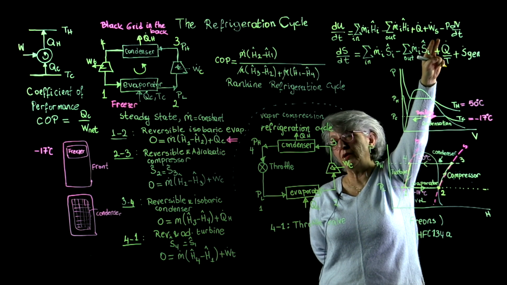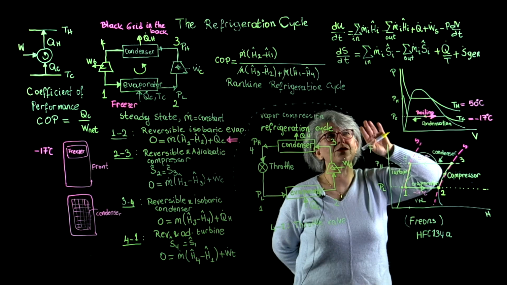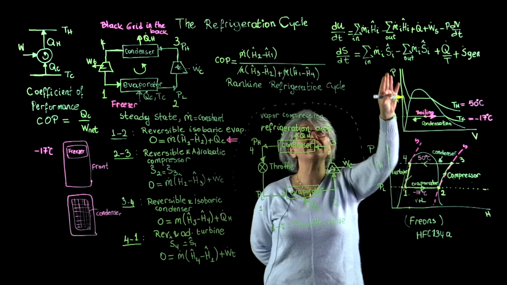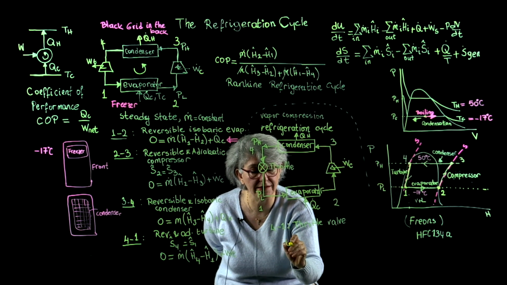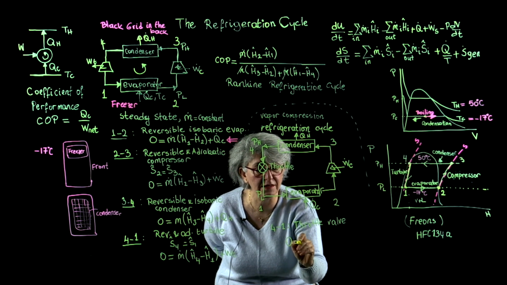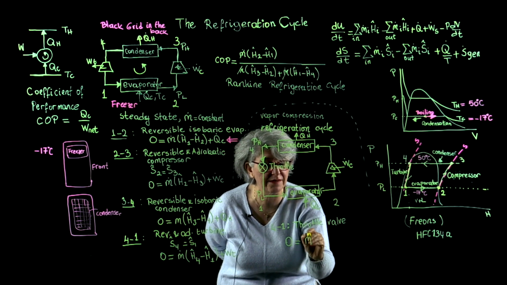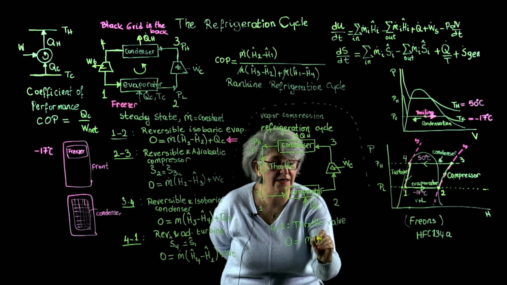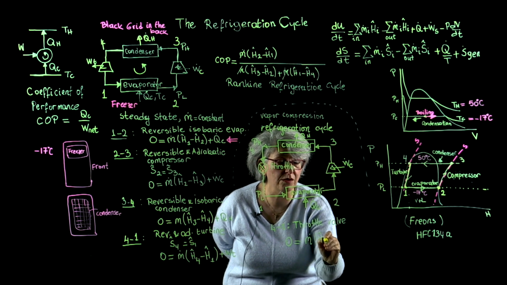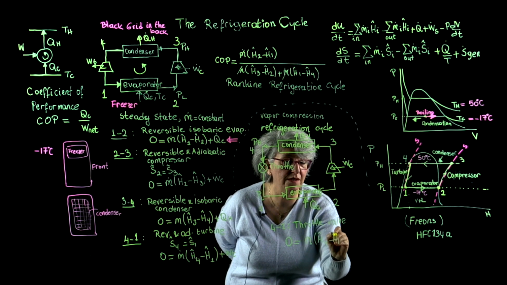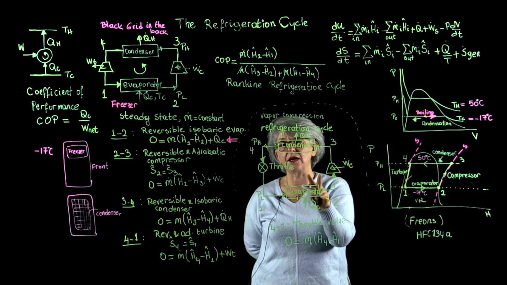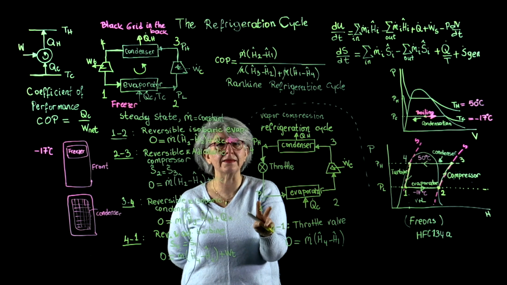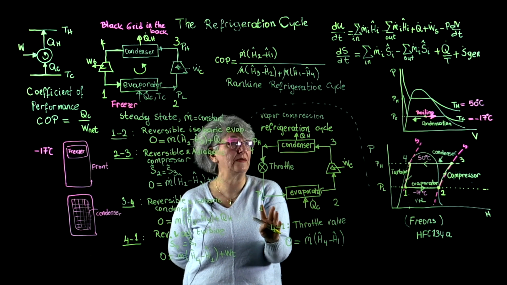There is no shaft work. And the process is so rapid that there is not sufficient time for heat transfer. So my energy balance turns out to be 0 equals m dot times h4 minus h1. Now notice that this process turned out to be a constant enthalpy process.